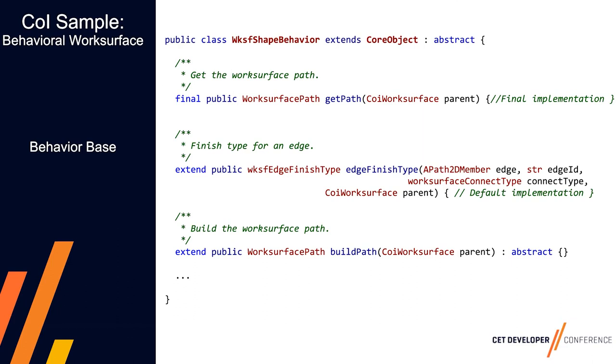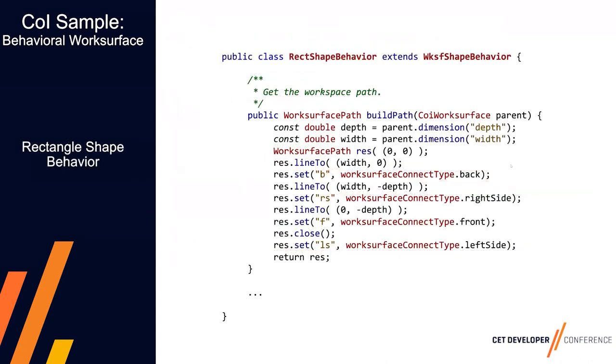And then we have a build path type, which is abstract, in that it must be implemented by every behavior that we develop. That build path behavior is what you saw in the previous slide, where we were calling that on the composition over inheritance work surface. So what does this look like in implementation? Well, you would simply create a rect shape behavior, and then you would build up a path with a backside, right side, front side, and left side to create a rectangular surface.